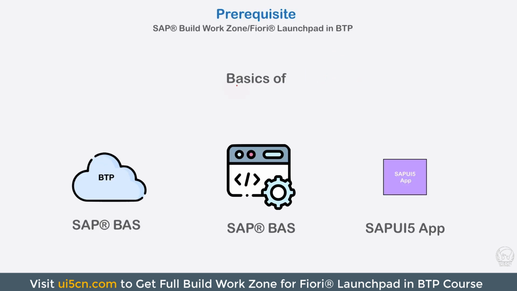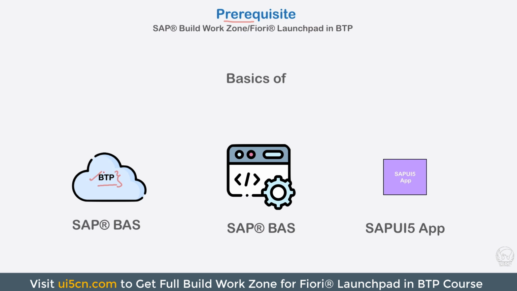And before we actually start, I would like to also go through some of the prerequisites which will be required within this course. Now, one needs to be familiar with SAP BTP. You don't have to have a lot of experience with SAP BTP, just a basic understanding of how to set up, what are destination, what are user, what are roles.